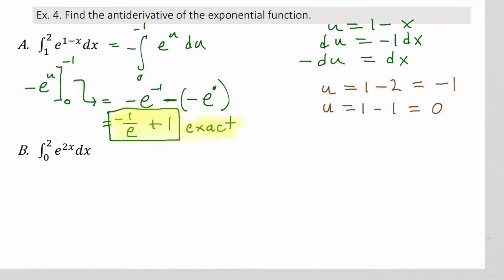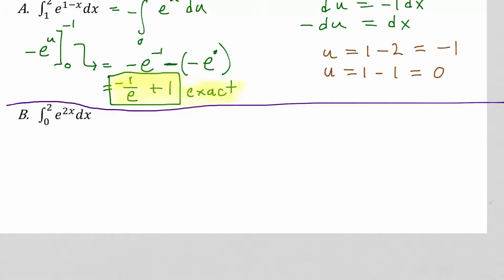All right, so now we got another example here. So we're going to say that u is my power 2x, du is 2dx. Then I look over here and I see that I have dx, but not a 2. So I'm going to divide by 2 and I'll get dx. All right, now let's do the limits of integration while we're at it.